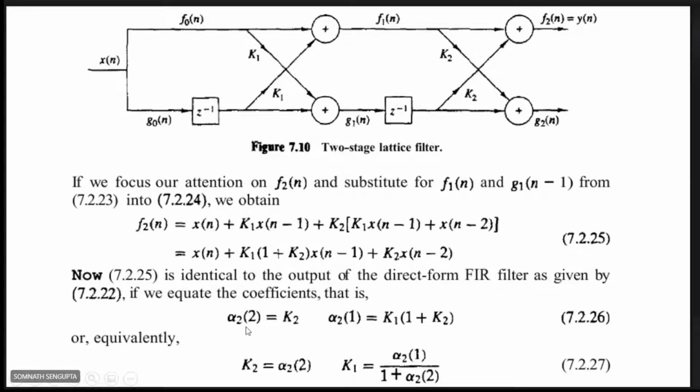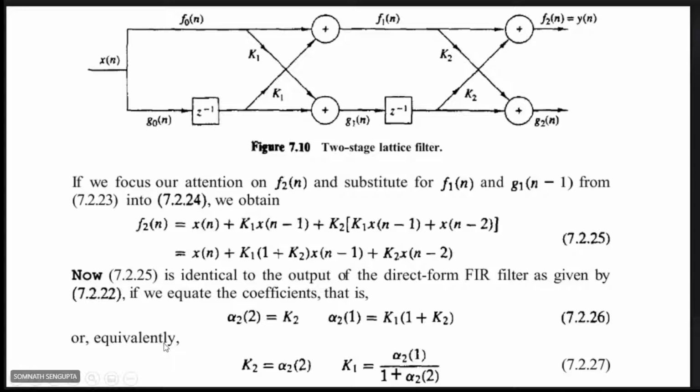Now alpha 1 is the coefficient of xn minus 1 in direct form. Now this is compared with the coefficient of the lattice structure, that is K1 into 1 plus K2. So alpha 1 is equal to K1 into 1 plus K2. So just by replacing those values, K2 we get simply as alpha 2, but K1 is alpha 1 by 1 plus K2. So in place of K2 we write alpha 2.